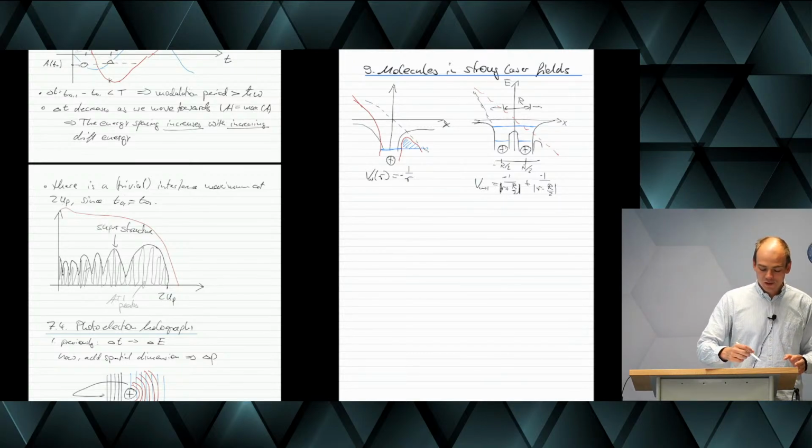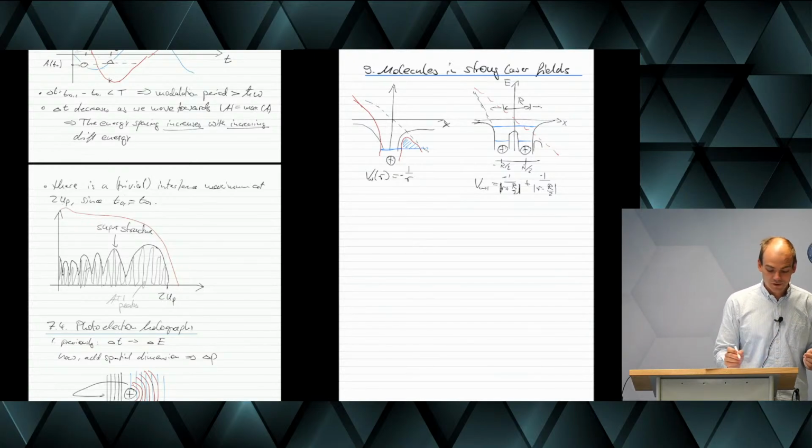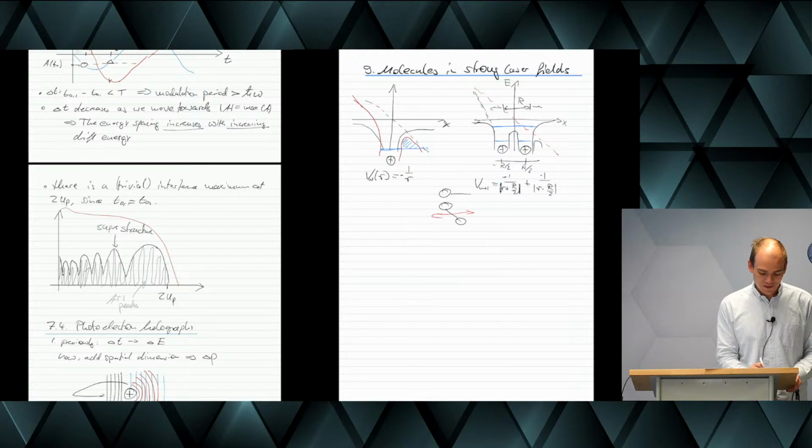And now, as you change the orientation or the alignment of the molecule with respect to the laser field, so the molecule can be aligned like this or aligned like that, this will certainly also make a difference, because in the one-dimensional representation, the nuclei here would be much closer than in this case.